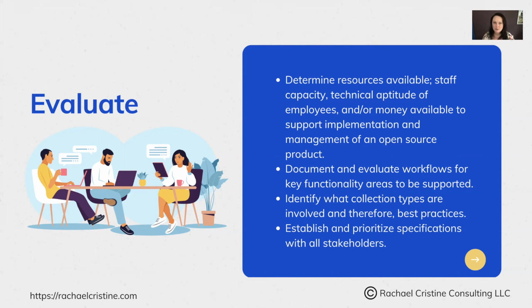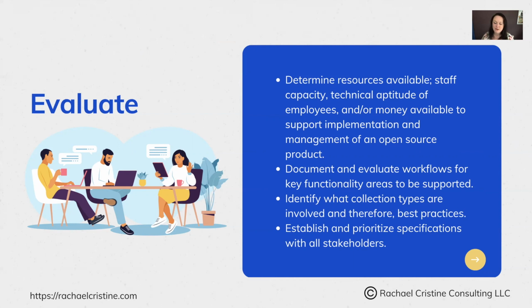So making sure you're documenting those, even if you don't currently have a collections management system, sit down and really think out what that workflow will look like once you do have one, and to the best of your ability, identify the functionality that would help make your job easier and support the collections better.